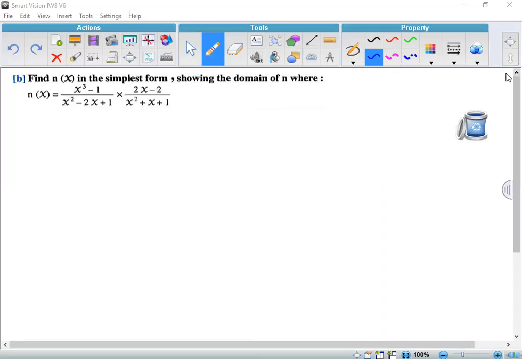Find n of x in the simplest form, showing the domain of n, where n of x equals x power 3 minus 1 over x minus x plus 1, multiplying x minus 4 over x power 2 plus x plus 1.